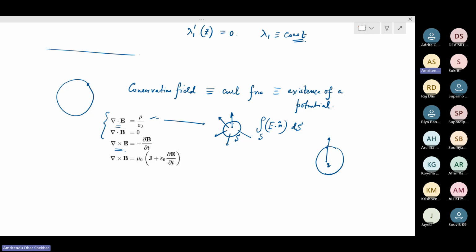Each point of this sphere has this electric field induced by the charge, and if you were to compute the whole flux that comes out of that surface, then that would be equal to the charge enclosed by the sphere.